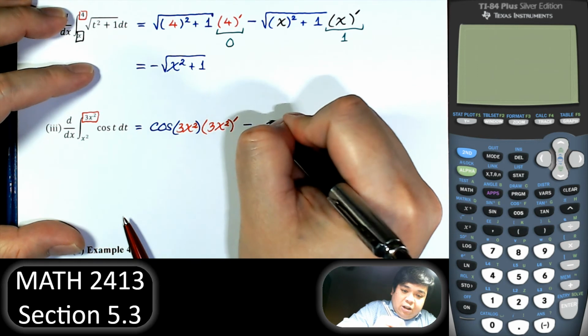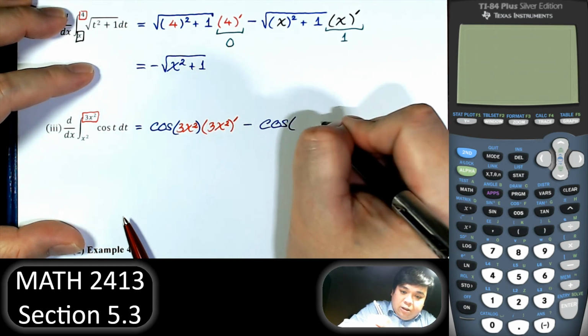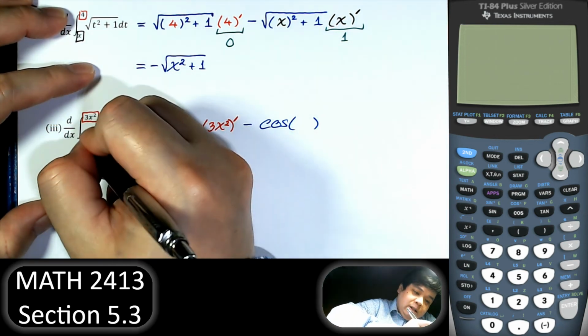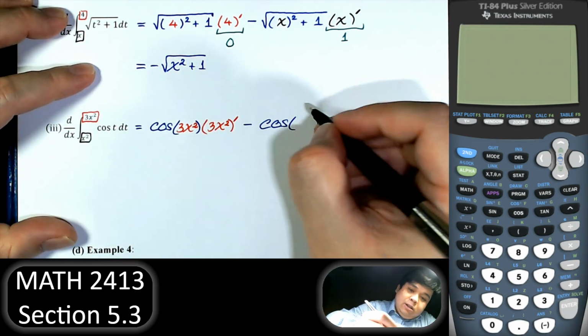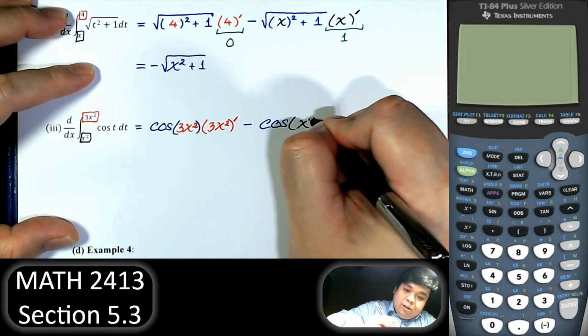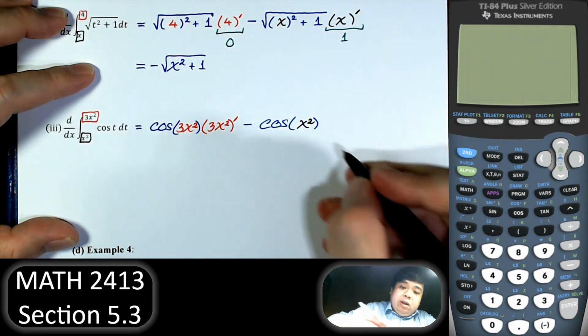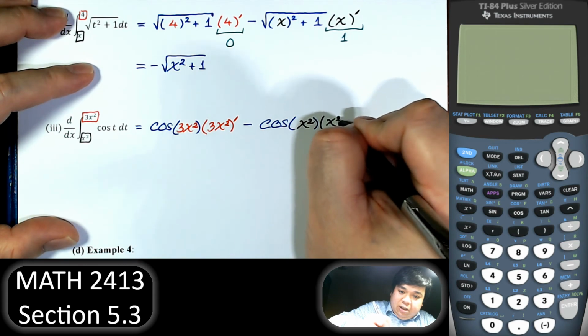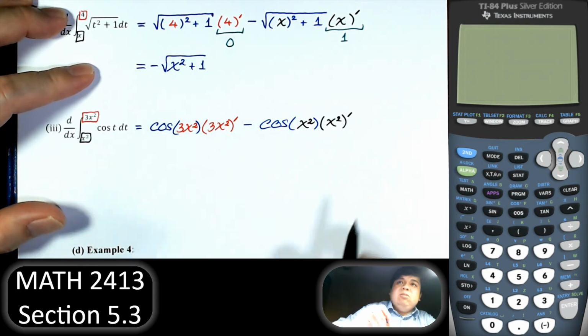Subtract the function. Now put in the lower limit, and then the derivative of the limit. It's always like that.